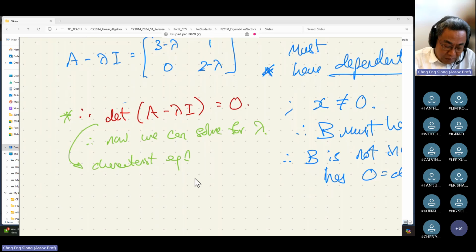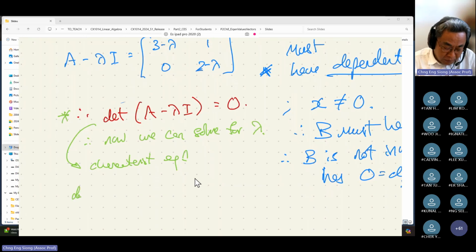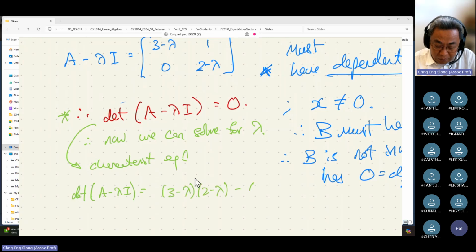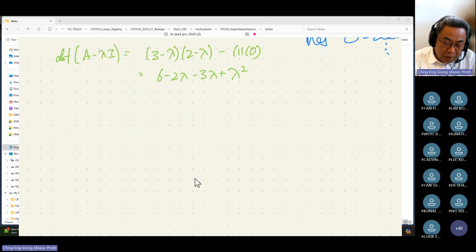So the determinant of A minus lambda I is equal to 3 minus lambda times 2 minus lambda minus 1 times 0, which is 6 minus 2 lambda minus 3 lambda plus lambda squared. And then we have lambda squared minus 5 lambda plus 6, and the right hand side is equal to 0.